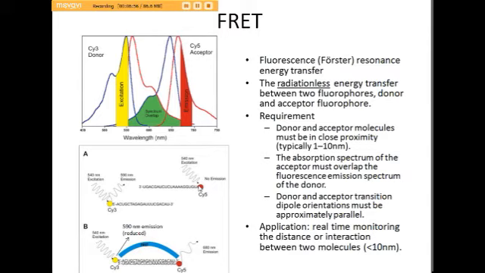Now if we shine 540 nanometer excitation light, Cy3 is going to be excited to generate emission light. Here 540 nanometer is around here, so its emission will be roughly here, 590 nanometer. Cy5 will also be shined by the 540 nanometer excitation light.